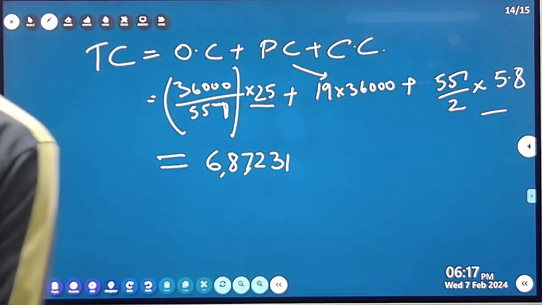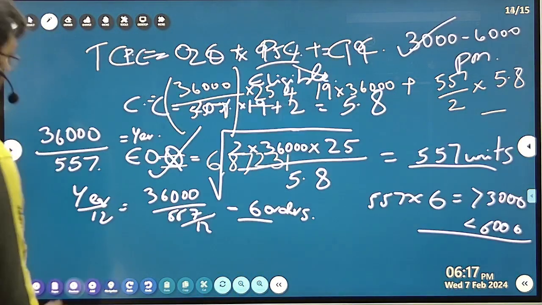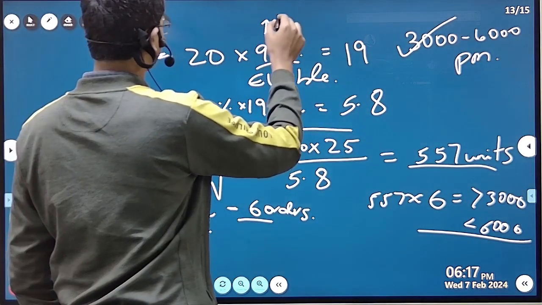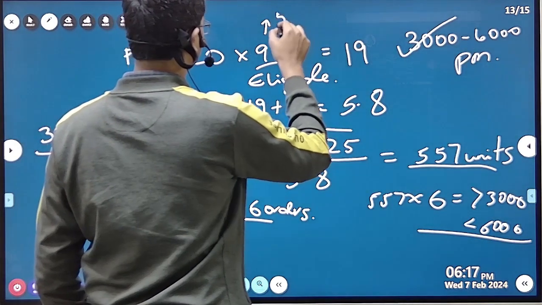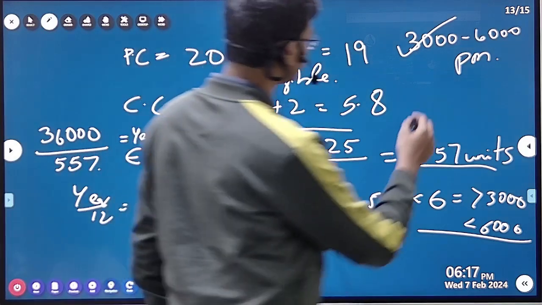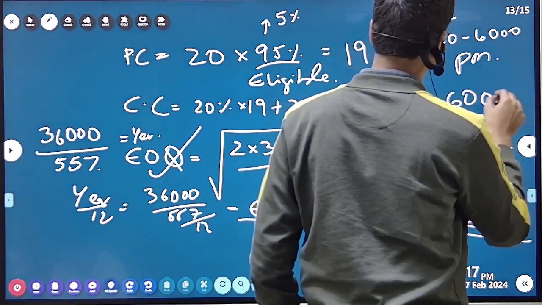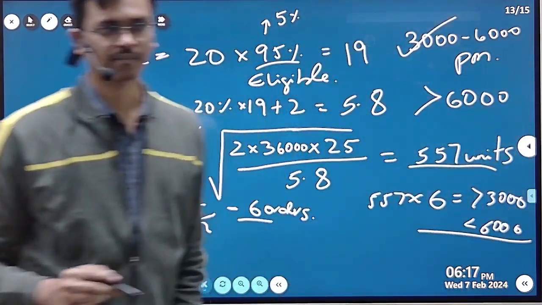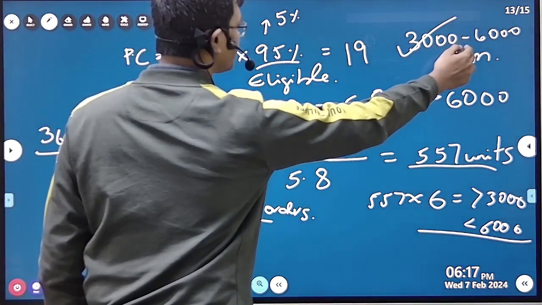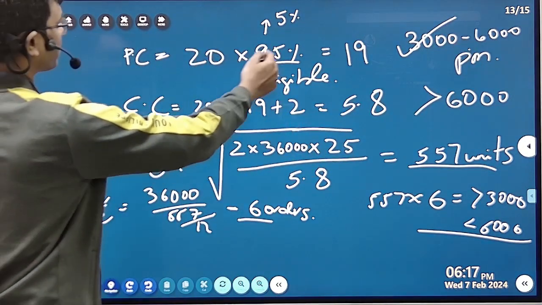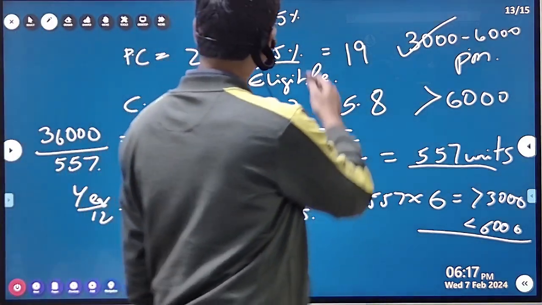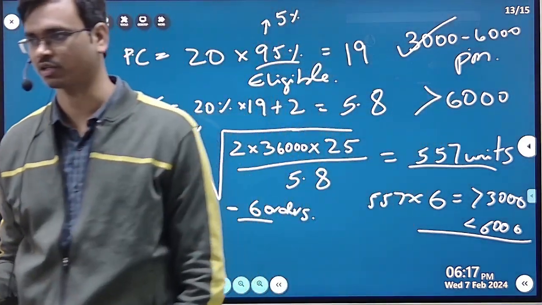Similar to what we have seen here, he says we will get a discount of 10%. So first scenario 3,000 to 6,000 per order, and he gave us a discount of 5%. This scenario he's saying he'll give us a discount of 10% if we order more than 6,000 per order.